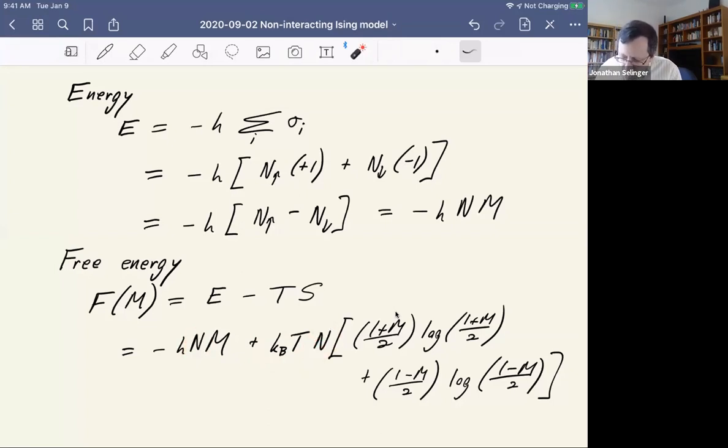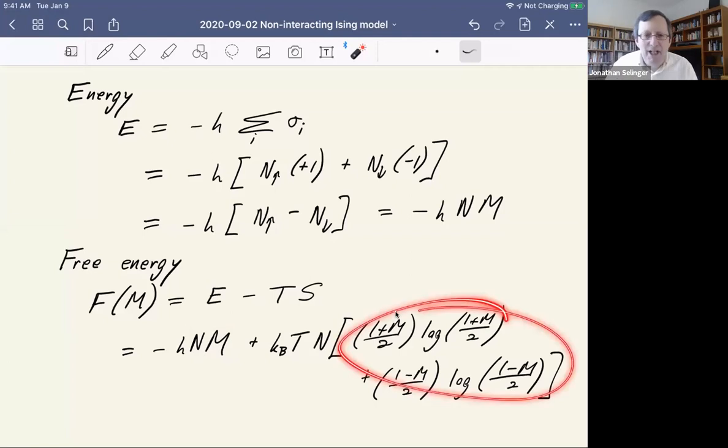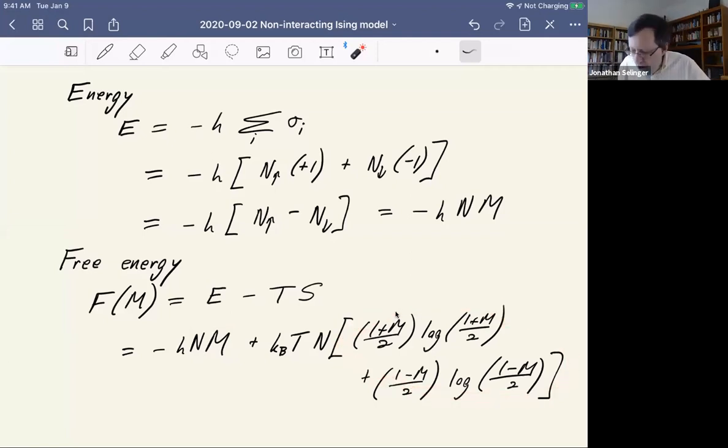And it involves this magnetic order parameter in a slightly complicated way. So we might want to know, how does this depend on the magnetic order parameter?